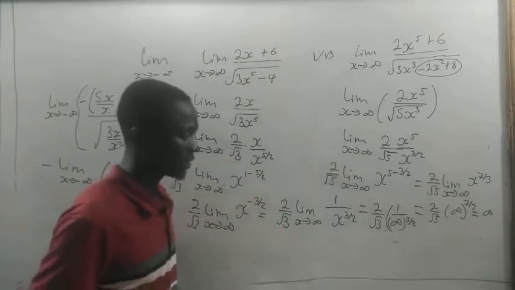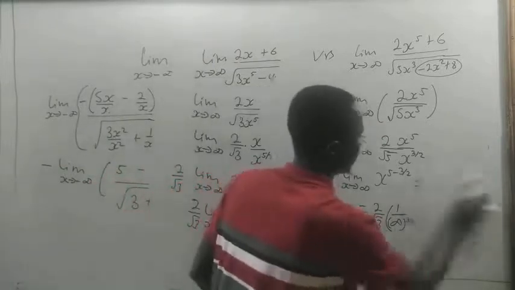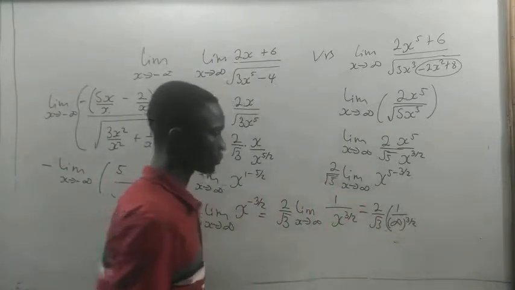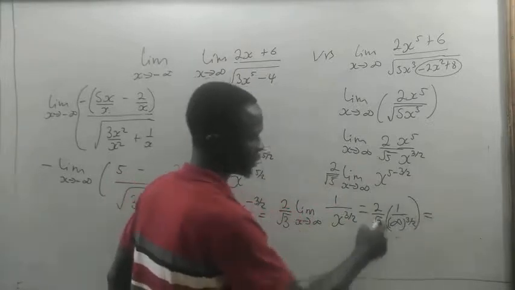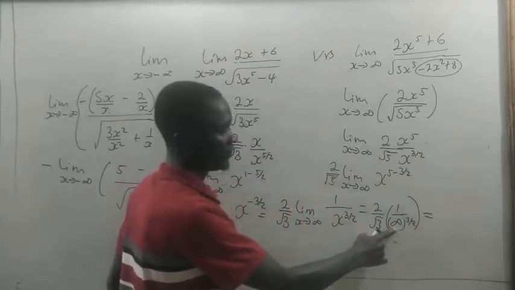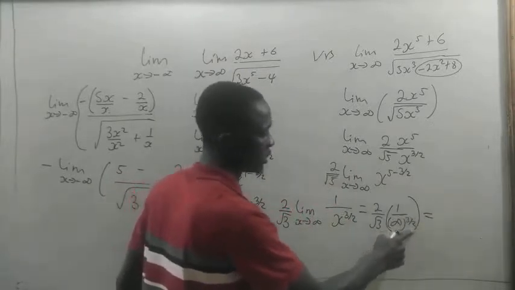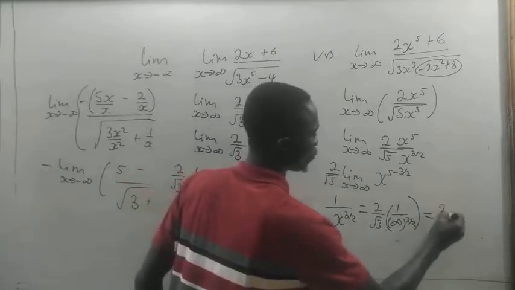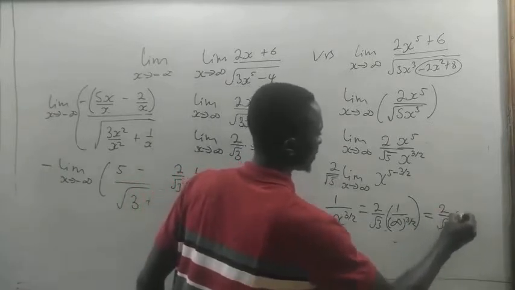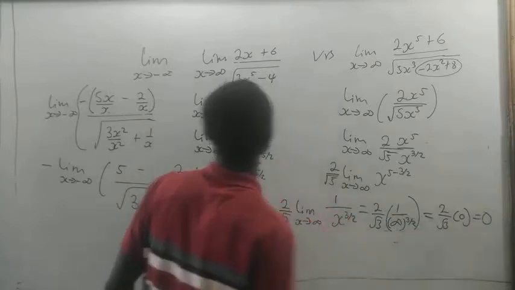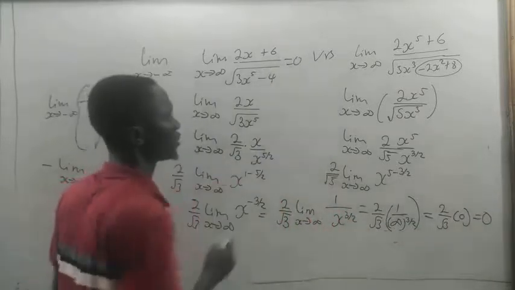So if you have not watched lesson 1, check that video. So you see that 1 divided by infinity to the power 3 on 2 will be 0. So 2 on square root of 3 times 0 will be 0. So this one will approach 0.